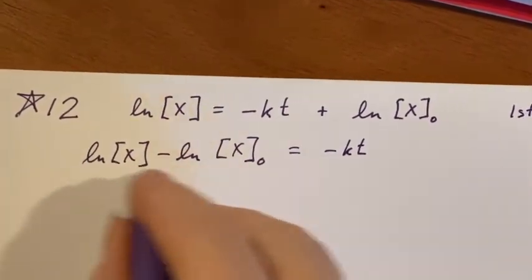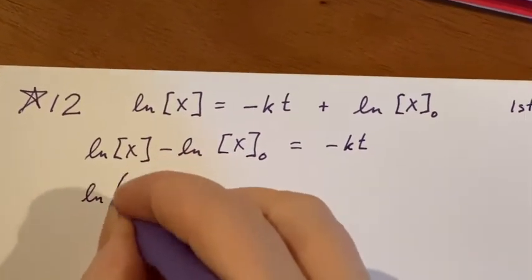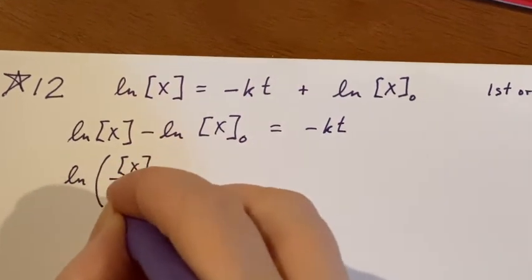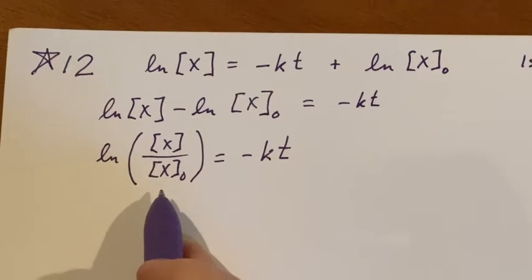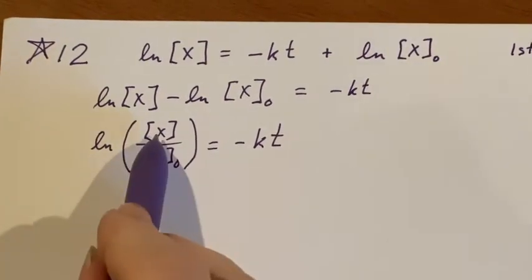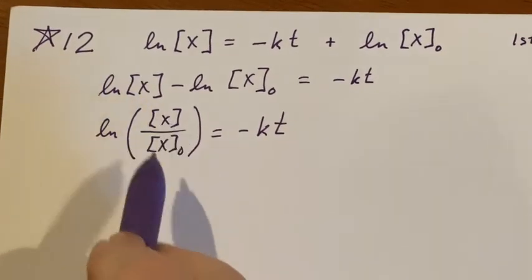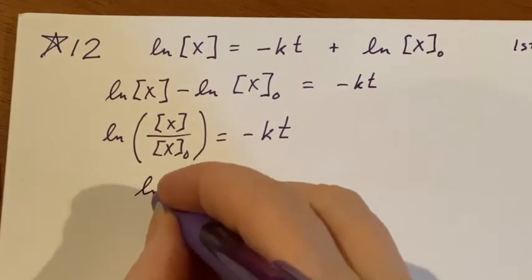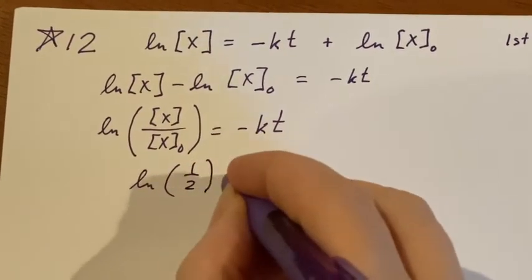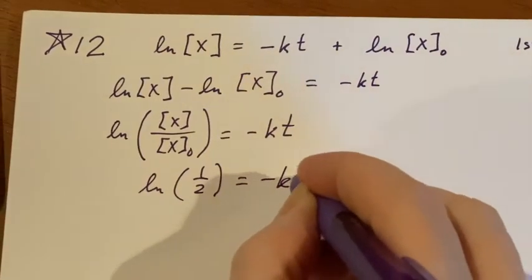And because of the rules of logarithms, this means the logarithm of x over the original value. And if I'm trying to do a half-life, then I'm saying that the amount left is half of what this original was. So this would end up with the natural log of 1/2 equals minus kt.